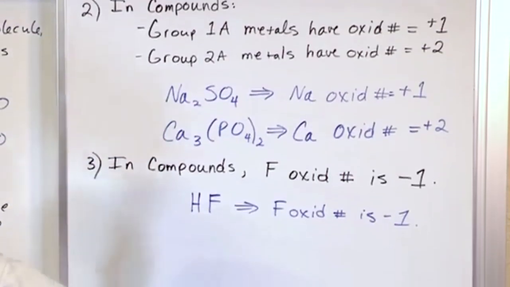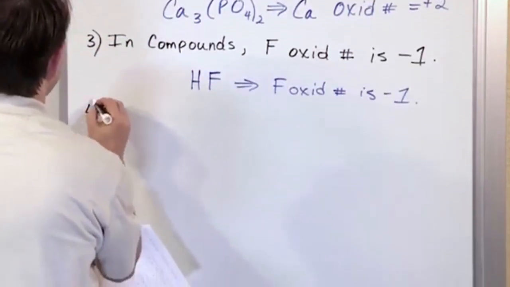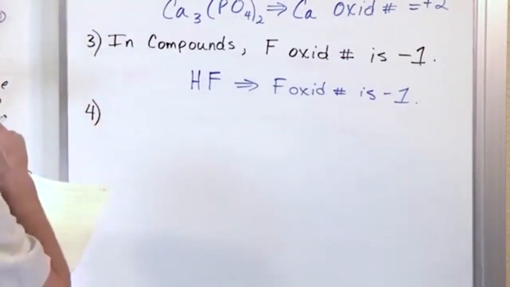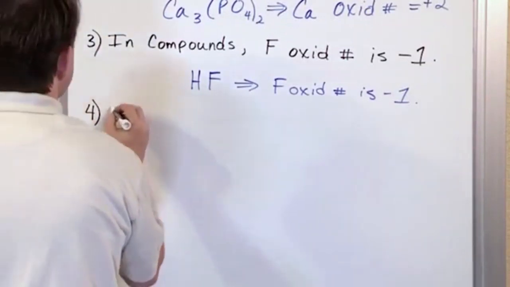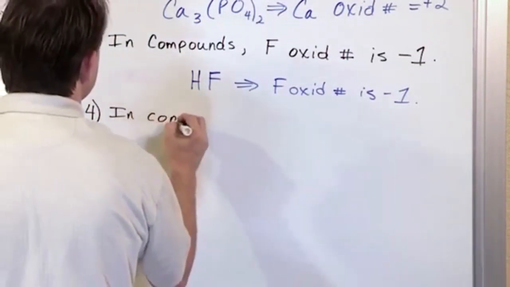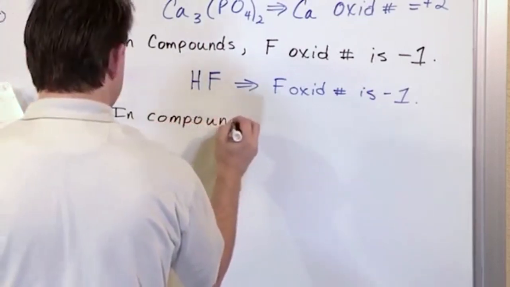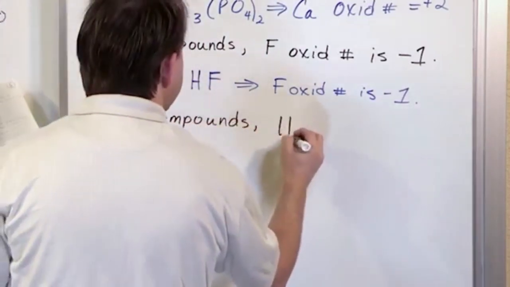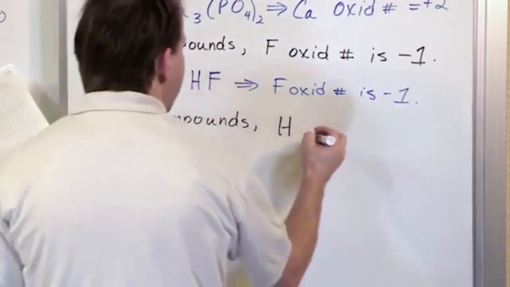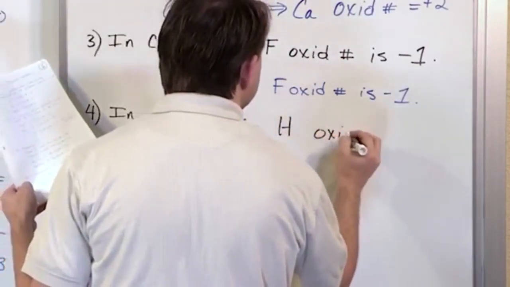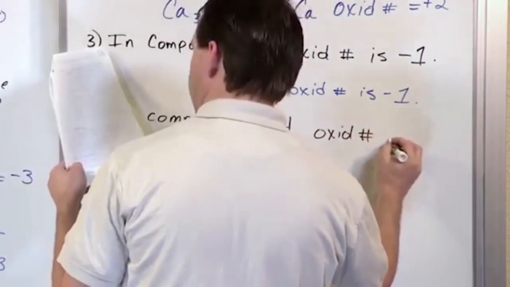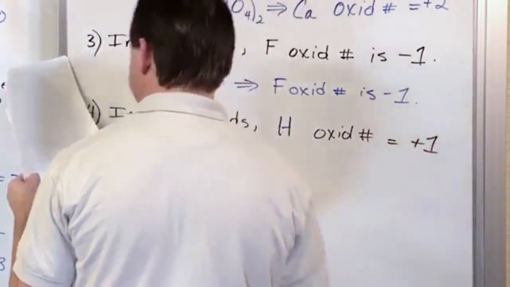All right, so let's look at rule number 4. In compounds, the element hydrogen has an oxidation number of +1.